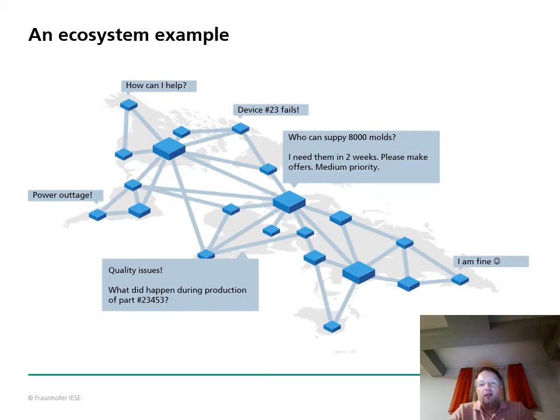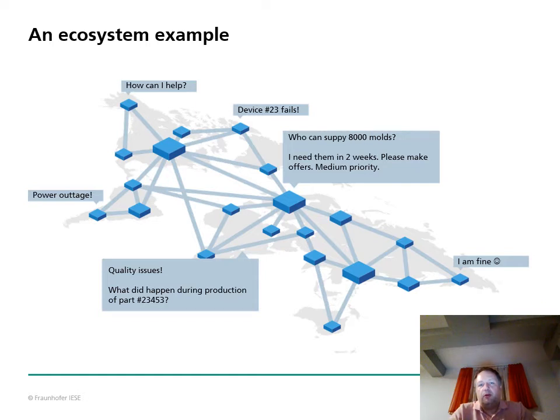And today, this complex system, this ecosystem, is managed manually. And here on this slide, I have shown some examples of an autonomous negotiation between companies or between divisions of a company that could happen in the future.